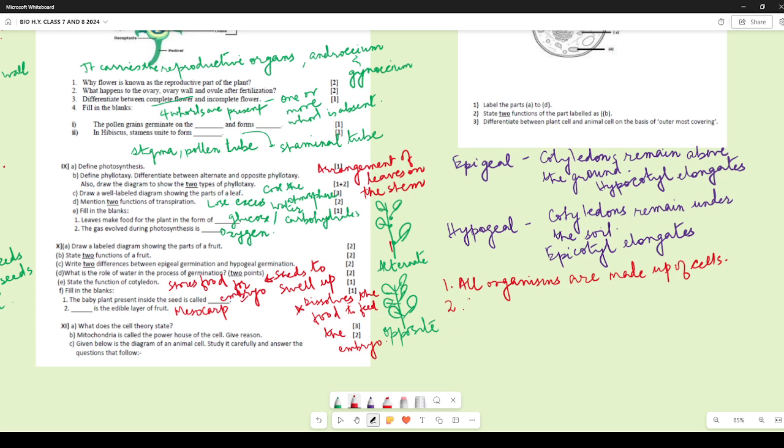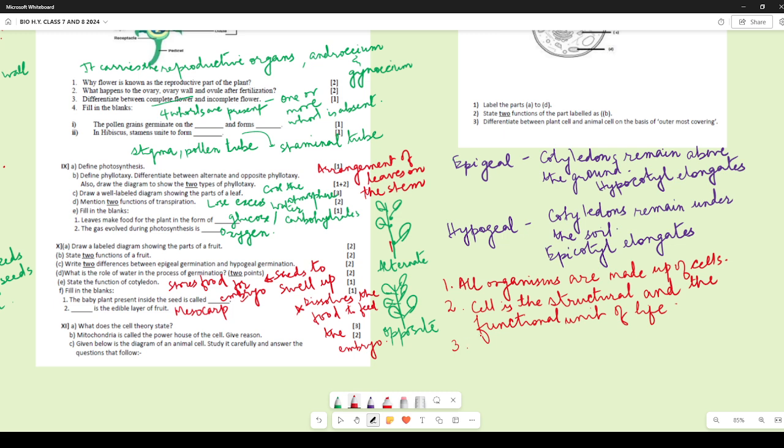Then, cell is the structural and the functional unit of life, right? So this is the second point of the cell theory.